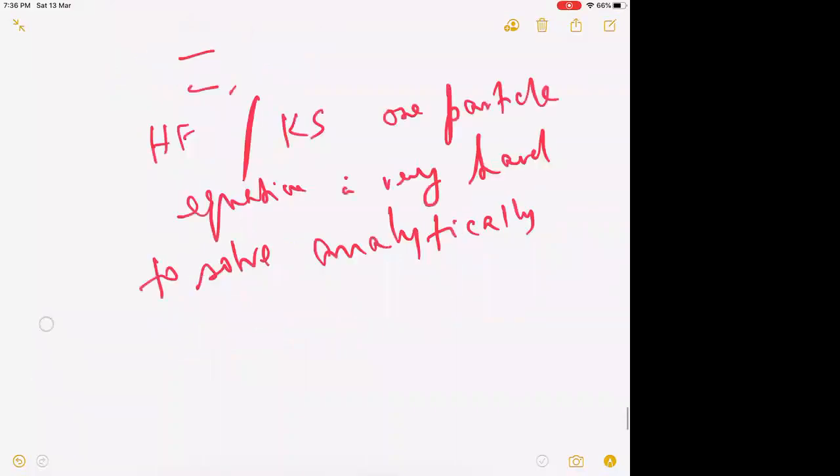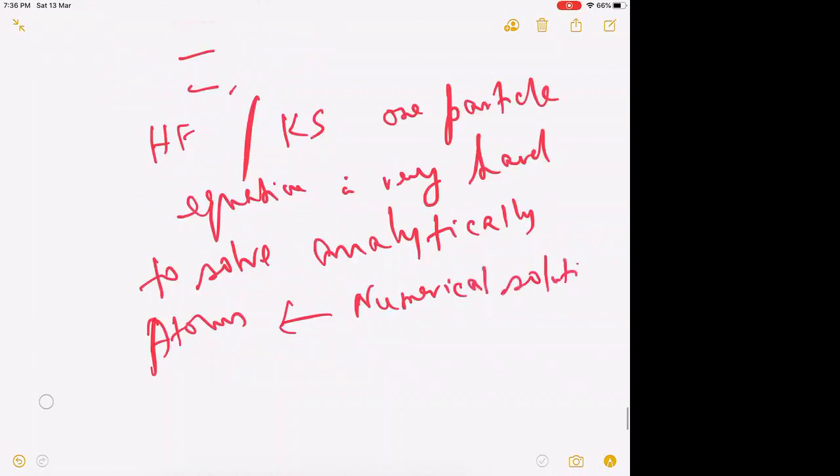For atomic systems, only for atoms, mathematical solutions by numerical methods are possible, or exist.